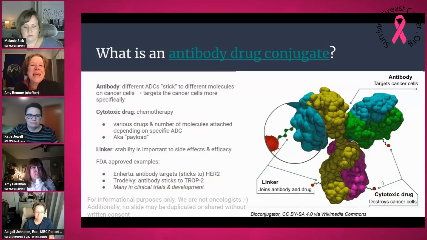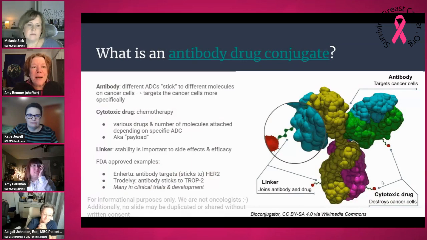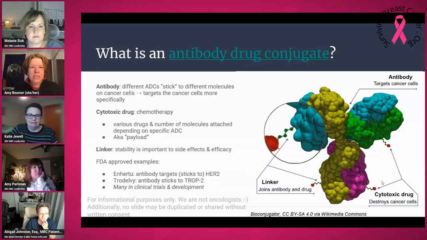Awesome. So what is an antibody drug conjugate? The good thing about this word is that it describes exactly what this guy is. So on the right of the slide, you're going to see this big blob, and it looks like a Y. So, you know, a little YMCA. So antibodies are these really big molecules that your body uses for defense. And when you think about COVID antibodies, that's an antibody that sticks to the COVID virus.